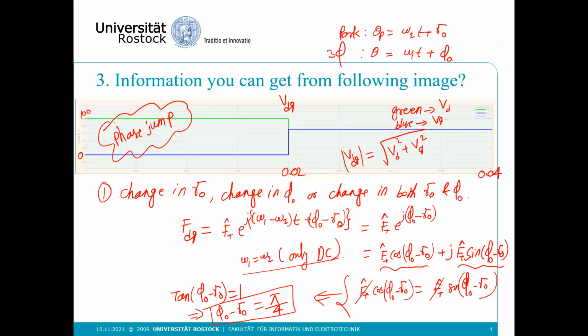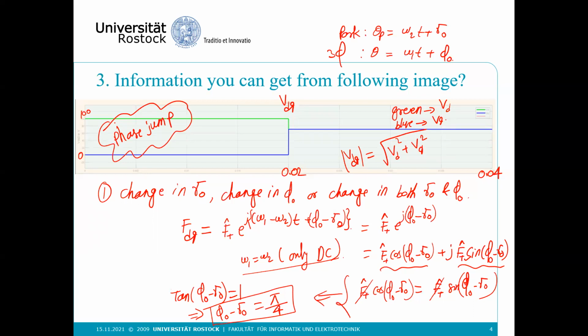Okay, possible. Sorry. This phase jump, it can be by the PLL, or what would be the reason? Can be many things. Let's say you have a fault in your three-phase system, and then that does something to the phase.